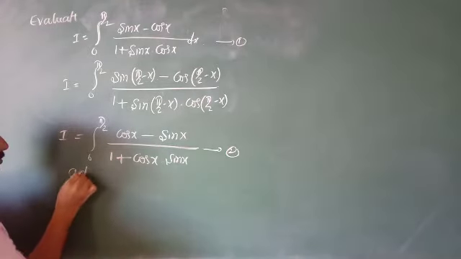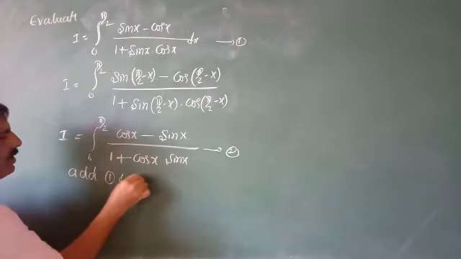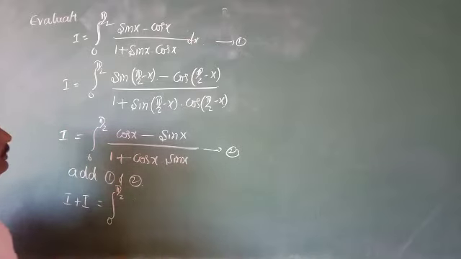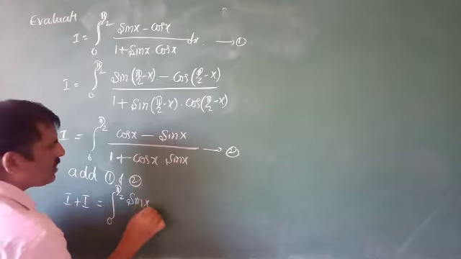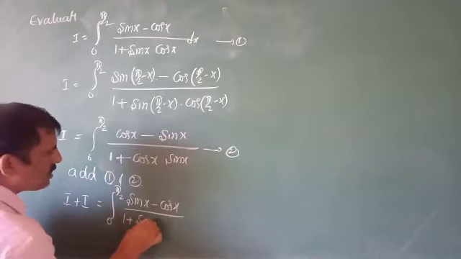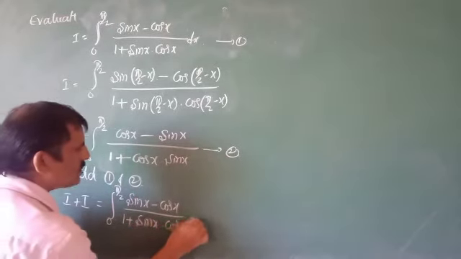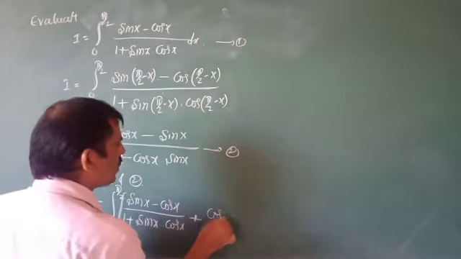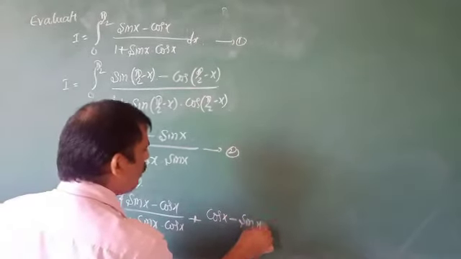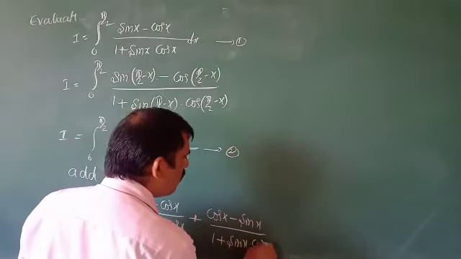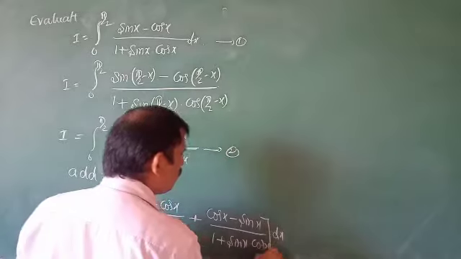Add 1 and 2. I plus I is equal to the integral from 0 to pi by 2 of sin x minus cos x divided by 1 plus sin x into cos x, plus cos x minus sin x divided by 1 plus sin x into cos x, with respect to x.